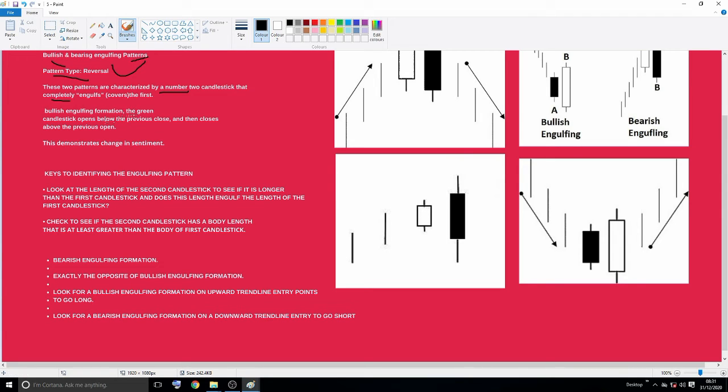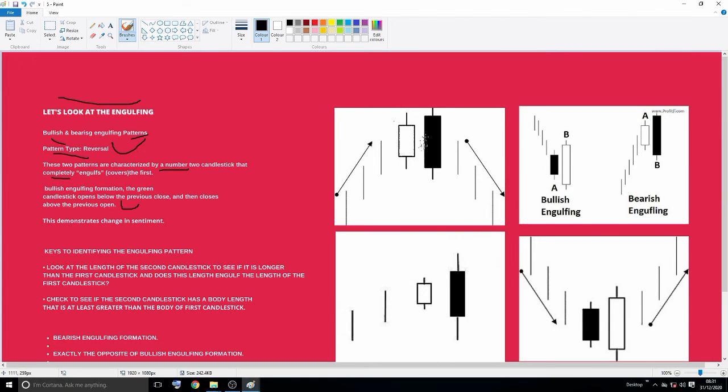In a bullish engulfing pattern, the green candlestick opens below the previous one and closes above. So you see, we have this candlestick, the price opened below it and closed above it. This is for a sell: it opened above it and then it closed below it.